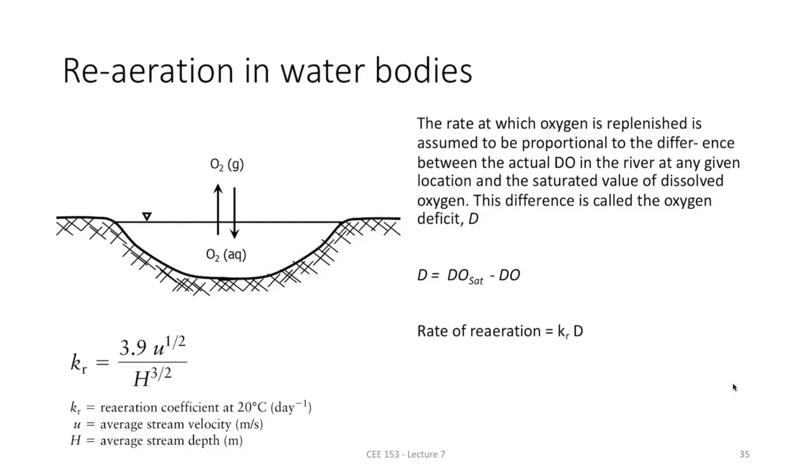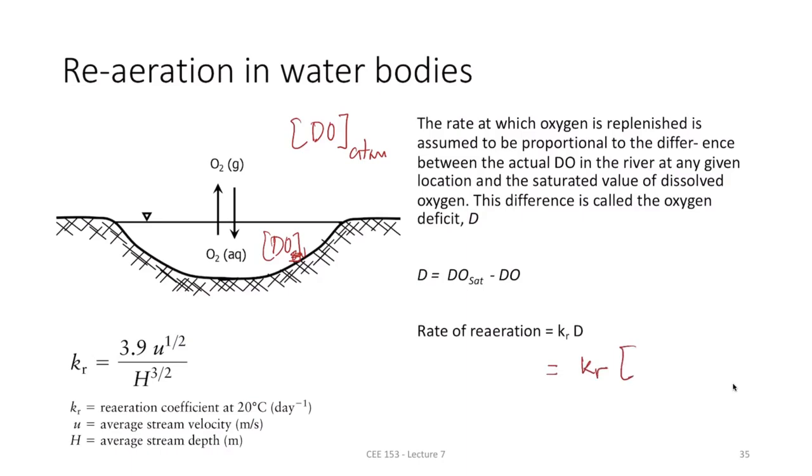Gradients means the difference in concentration of oxygen between the atmosphere and the water. So this is DO atmosphere, and this is DO water. If you know this difference, if the difference is high, then the rate will be much higher. That's why the rate of deficit variation is a function of Kr and the deficit.